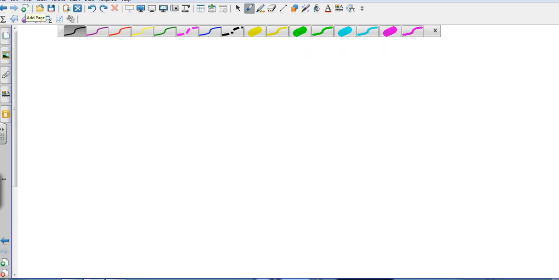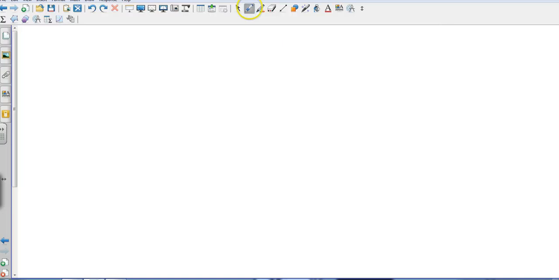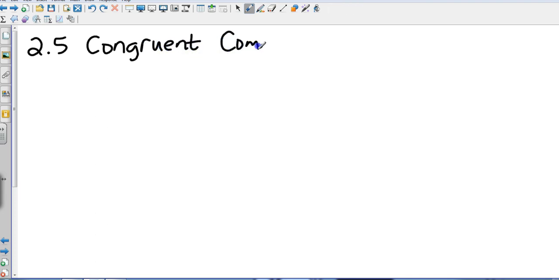Our next one is going to be 2.5, and that's the congruent complements theorem, and you can probably see where this one is going. And so I'm just going to use an example on this one because we went through the wording on 2.4.